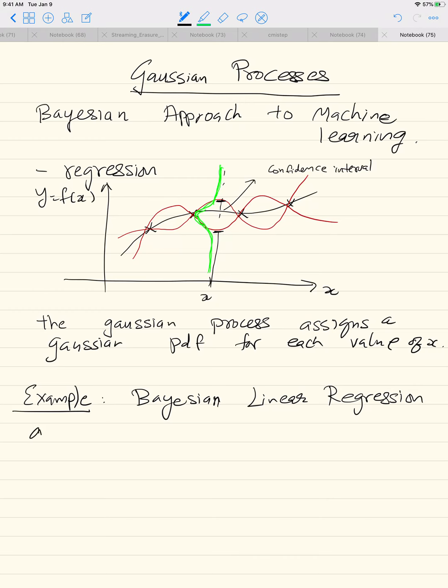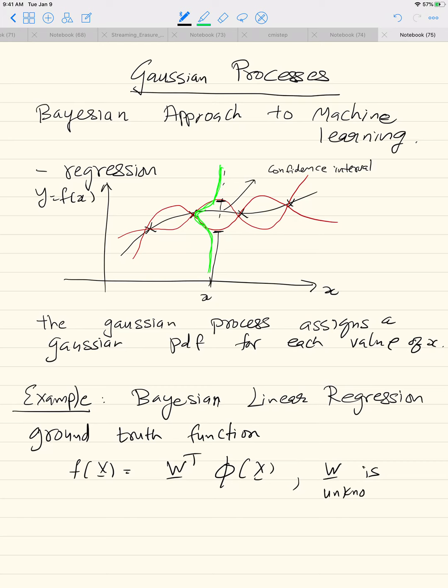So suppose the ground truth function f of x is of the form w transpose times phi of x, where phi denotes some nonlinear transformation. Here w is unknown that we want to estimate, and the labels that we get will be of the form f of x plus some noise, where epsilon is Gaussian with zero mean and variance sigma square.